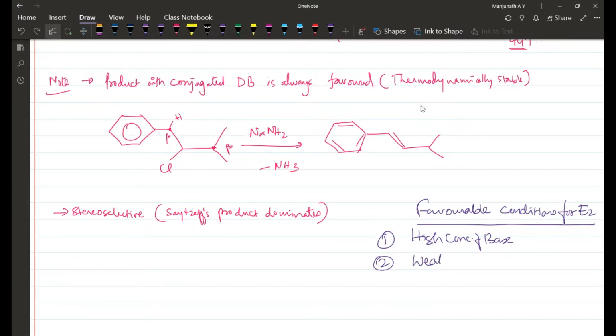Weakly polar solvents. What happens if they are strongly polar or protic solvents? What happens if the solvent is polar protic? If they are polar protic, then the substrate cannot dissolve in the solvent itself. The reaction will not take place.